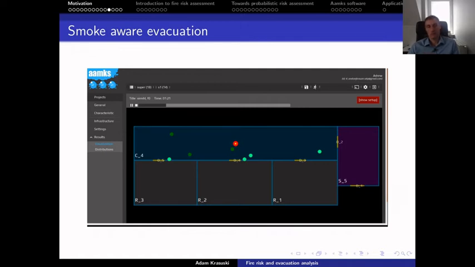If the people had contact with smoke, it is not safe. If they hadn't had contact, it means that it is safe. The assumption that the building is safe if the evacuees haven't had contact with smoke is the zero smoke exposure policy.